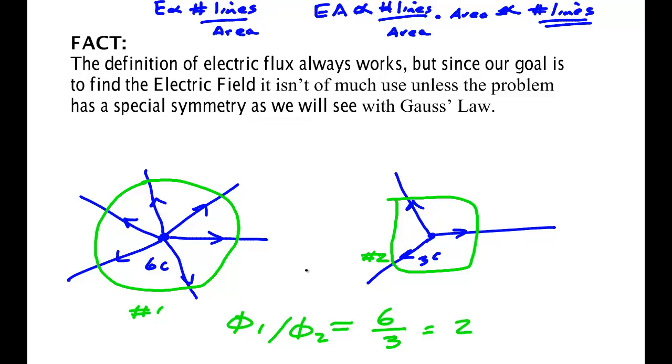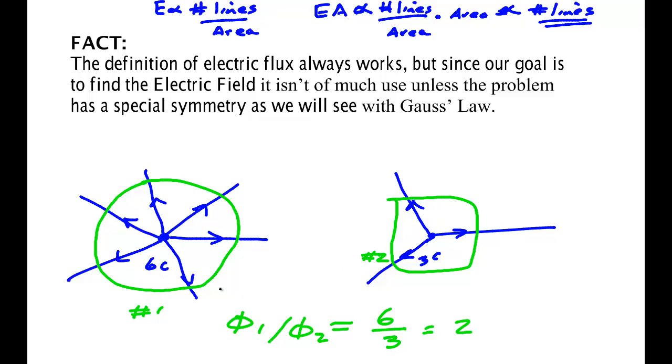Okay? Now you can also get a difference in sign. If this had been negative and they'd been coming in, this would have been negative flux. The lines would have been flowing in, not out. Remember, positive is out. Negative is flowing in. All right, we want to find this sort of thing, and you can probably see that it's interesting that the number of lines, of course, we said is related to the charge.